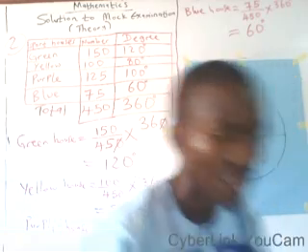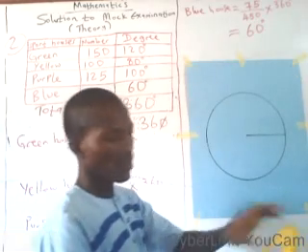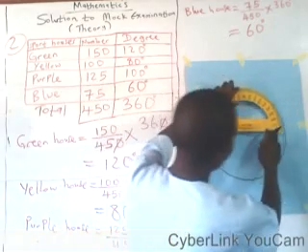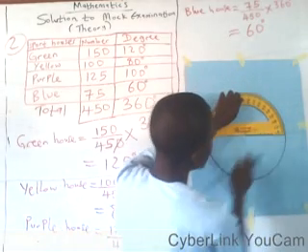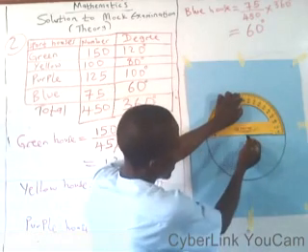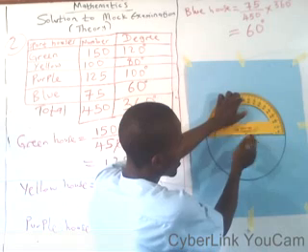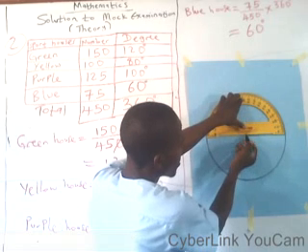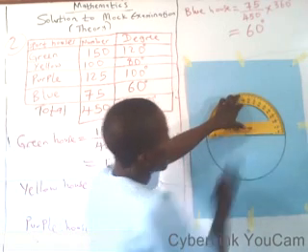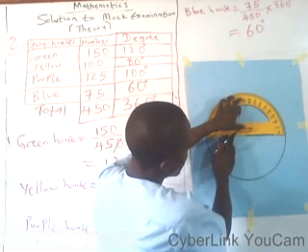Drop your what? Your ruler. Now pick up your protractor. Place your protractor on the circle in such a way that the dotted line at the center point is on the same side with the what? The dotted line on the protractor. Now the next step is this.